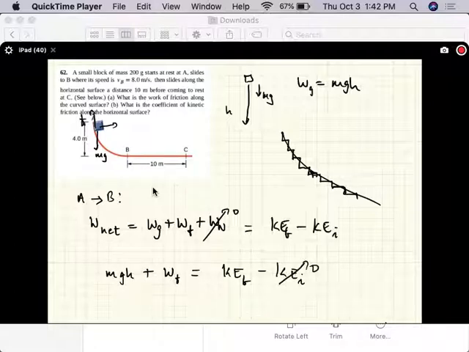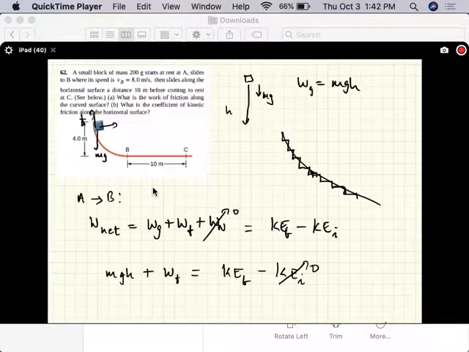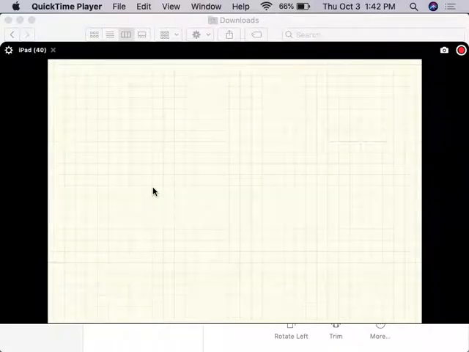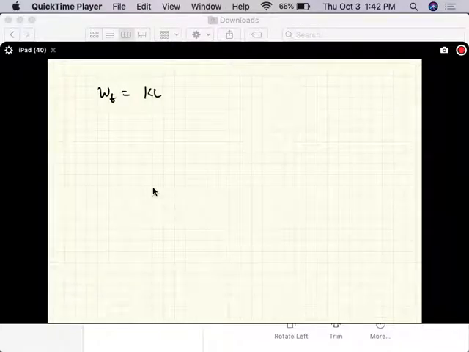Initial kinetic energy was 0, because the object started off at rest. Work done by friction force, should it come out positive or negative? Negative, it'll always be negative. So hopefully this number is bigger than this number.